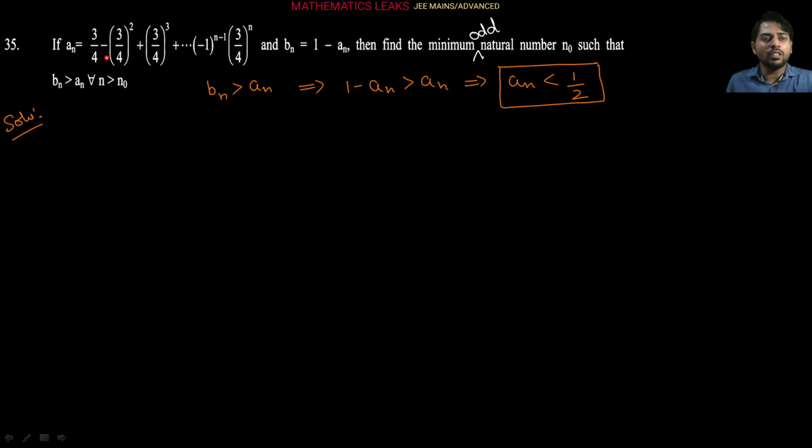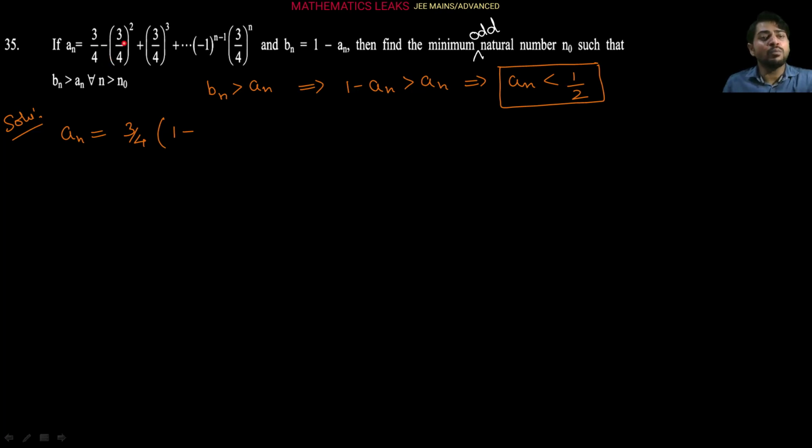And now let's find out what an is. An is the summation of this given sequence. So if you observe this sequence, this sequence is nothing but a geometric progression, right? Where the first term is 3 by 4 and the common ratio is minus 3 by 4. So let's write down an by using the sum of a GP formula. That is a into (1 minus r to the power n) upon (1 minus r), we can say here. So a is here 3 by 4, right, into (1 minus r to the power n).